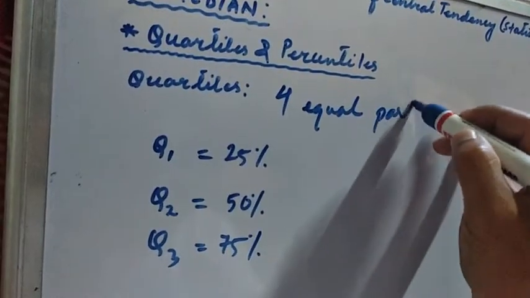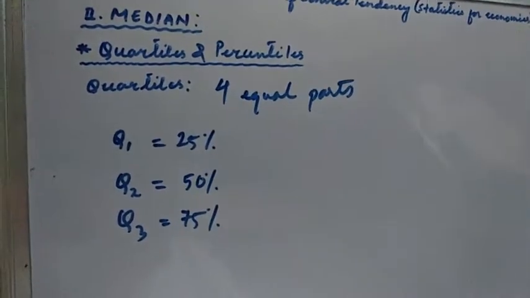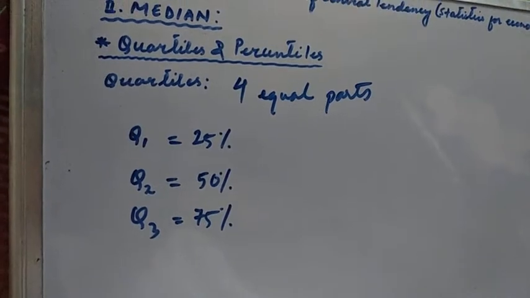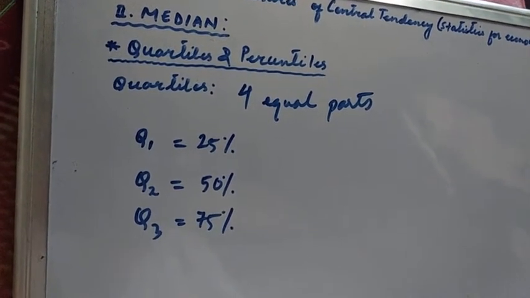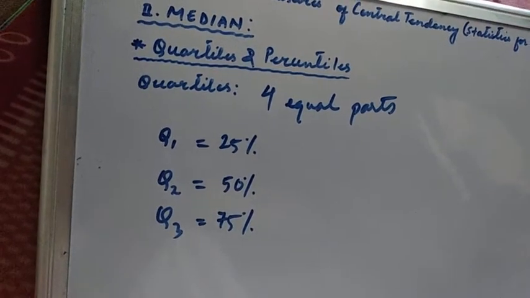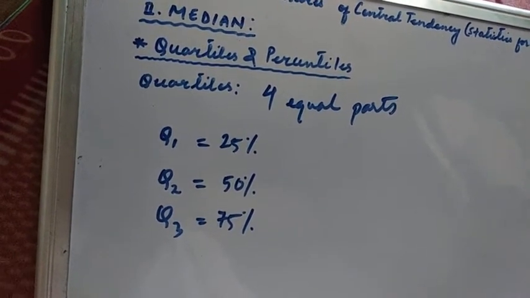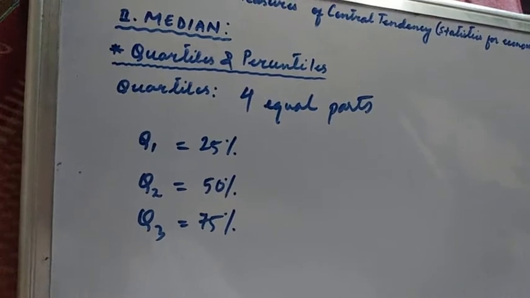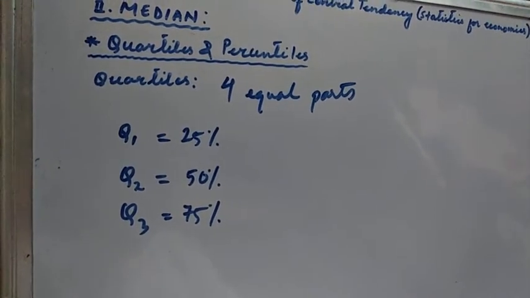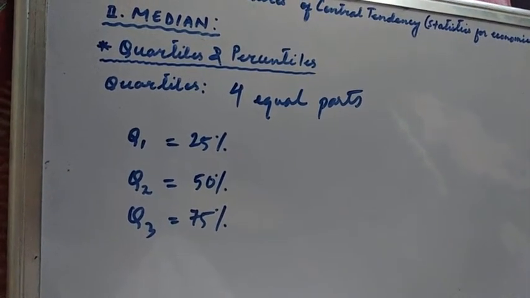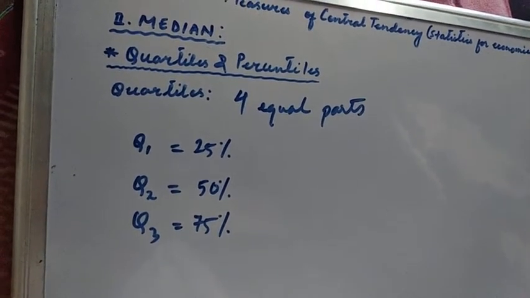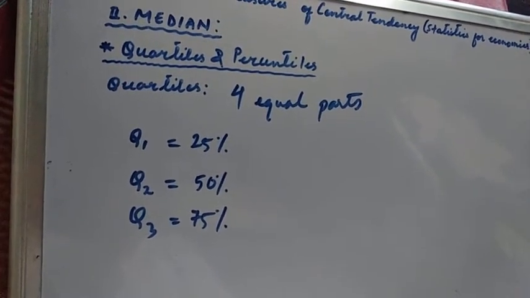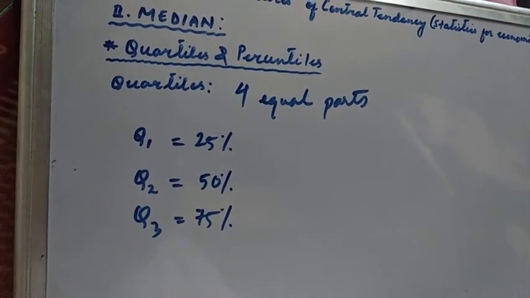Each portion contains an equal number of observations, and there are 3 quartiles denoted by Q1, Q2 and Q3.